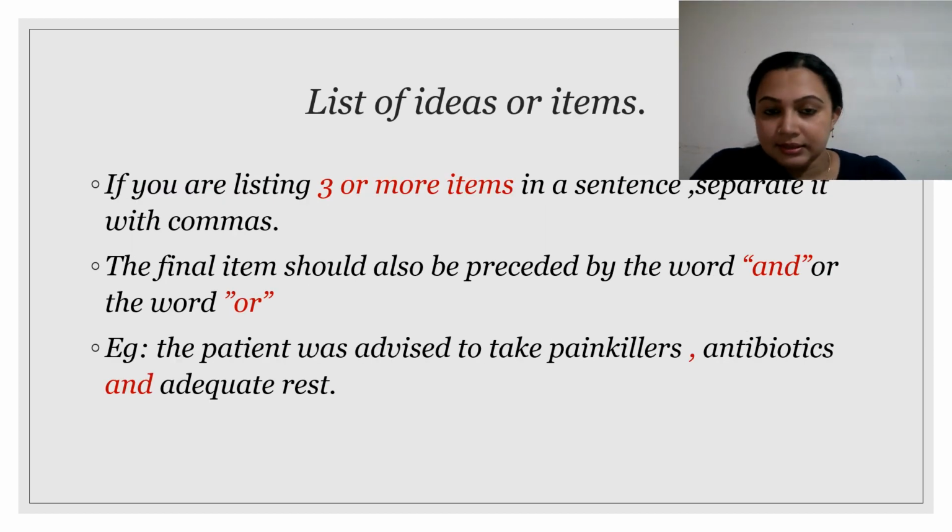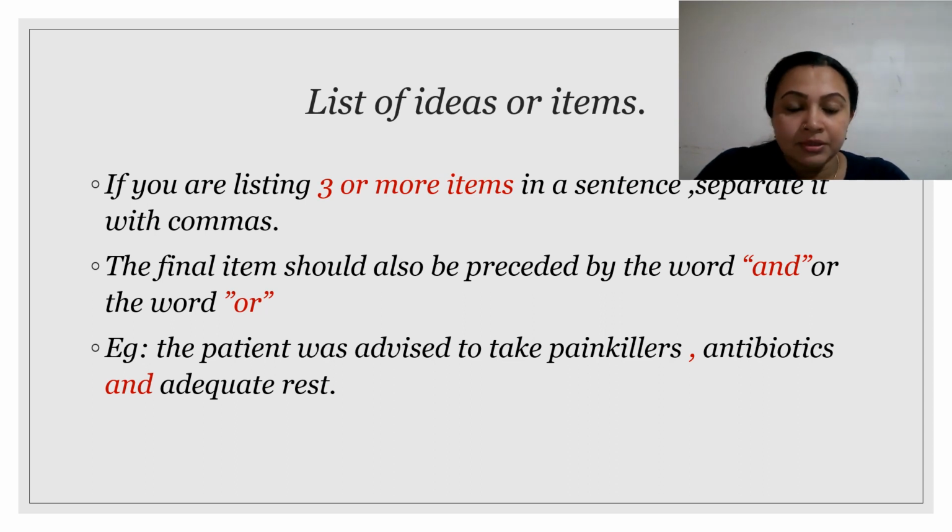Now the last thing is that you have to put commas when you are listing ideas or items. When you are writing three or more items, you need to separate them with commas. The first two things should be separated with a comma, and the last item should be accompanied with the word 'and' or the word 'or'.